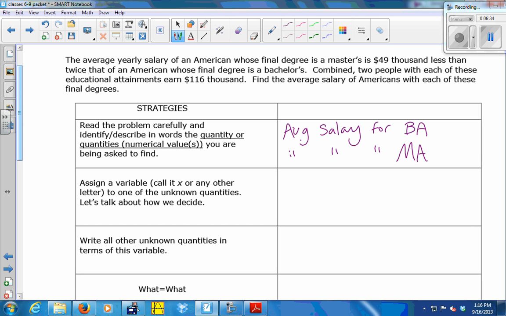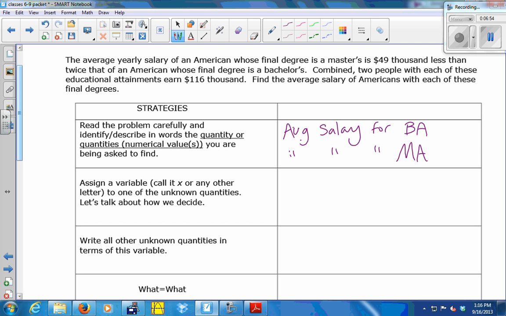Then we're going to assign a variable to one of the unknown quantities. So we can talk about how we decide. In this case, it's pretty arbitrary. Pick the one you want. Or, let's see.